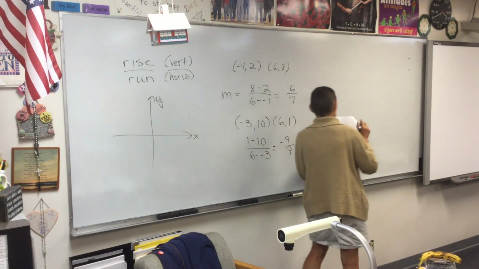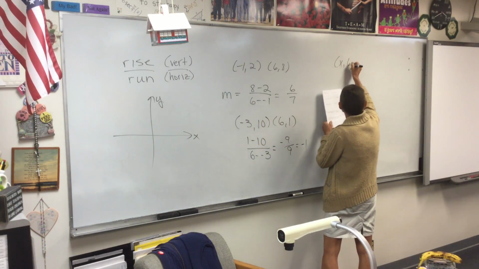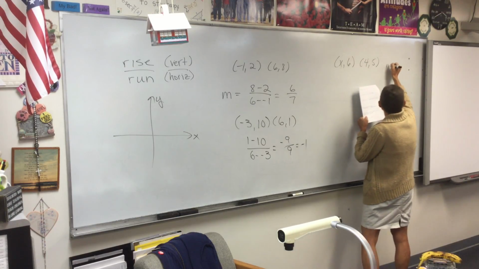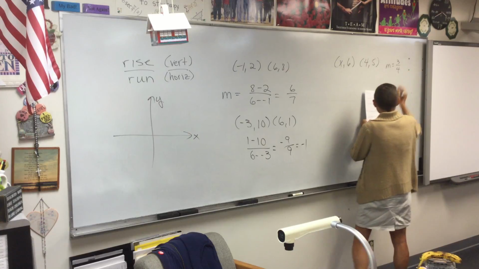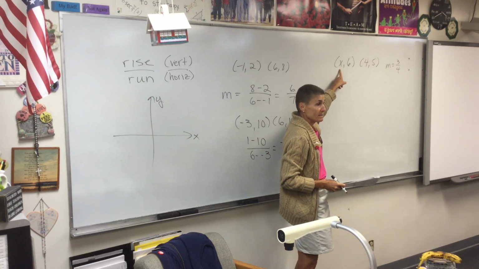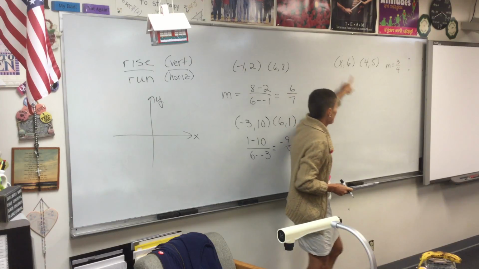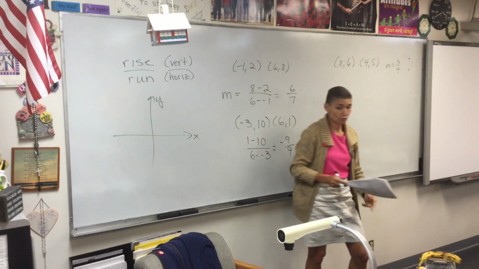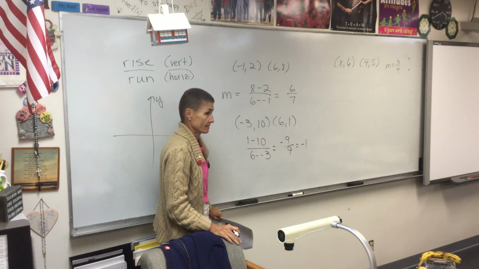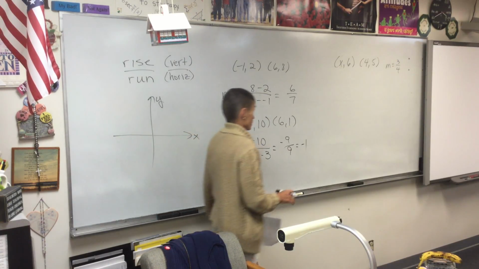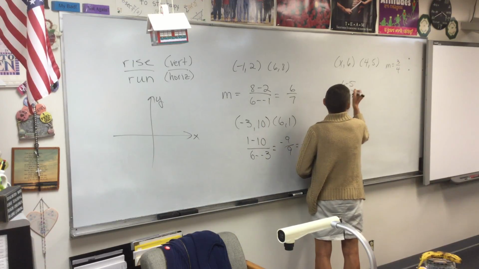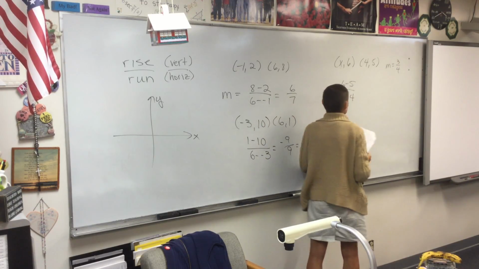Now the next question is exactly the same thing, but it's trickier. Notice they left out one of the pieces of the point, but they gave you the slope. So what's your thought on that? How might we progress with this? Okay, so to find slope, 6 minus 5 over x minus 4. That's all we can do.